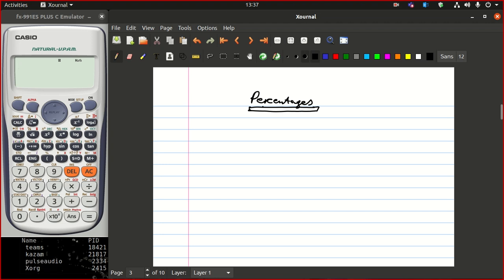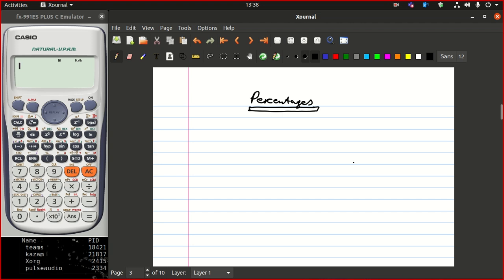So it is very important to understand what a percent is, what it means, how you convert percentages to fractions, how you convert fractions to percentages, and also how you convert percentages to decimals. Those are some of the important things you will have to deal with.